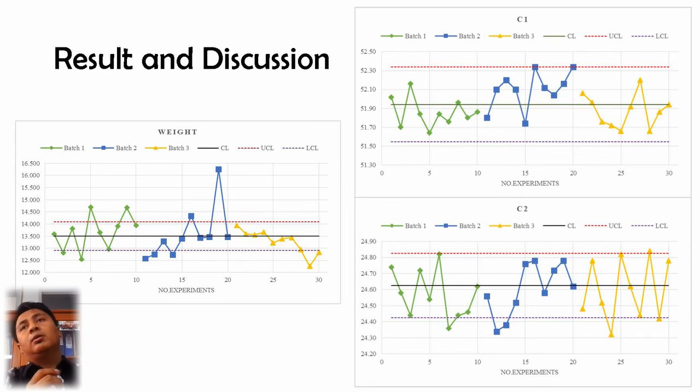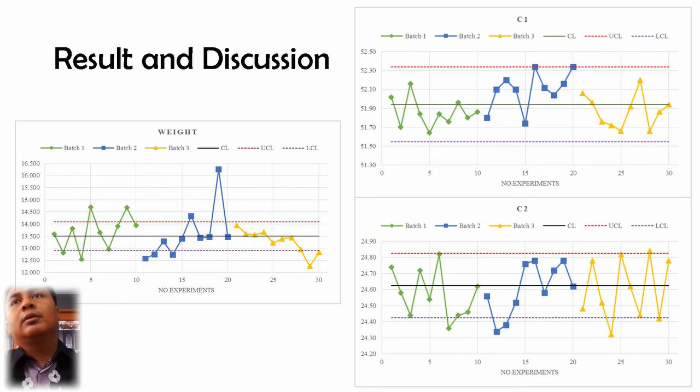We try to divide the discussion. Here the weight is the final response, and C1 and C2 are the parameters that can be adjustable, or we need to look at the dimension range. Here's the result.